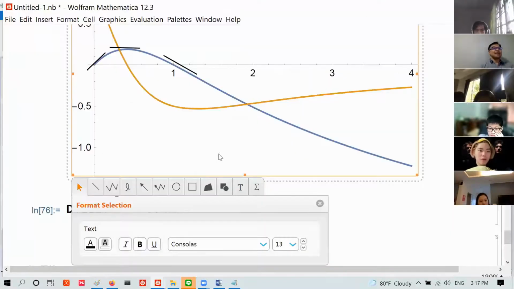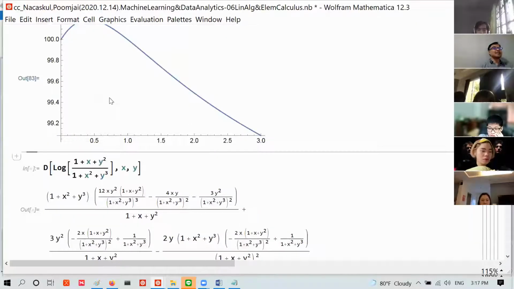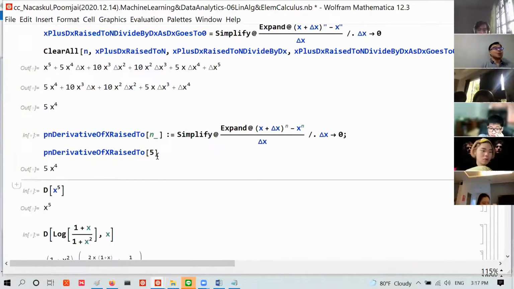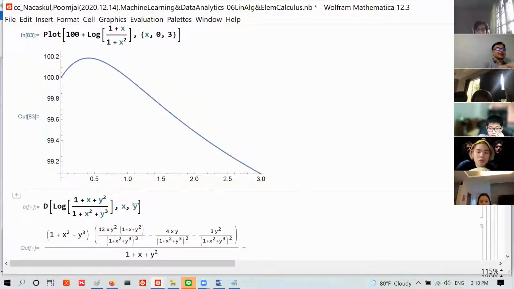So if I have this area, let's say this is my function. Now I want to know what the area between here and here is, between 1 and 2. Okay, I can do this.